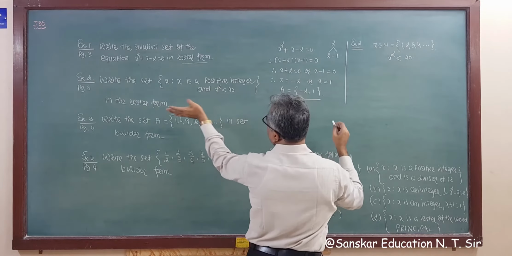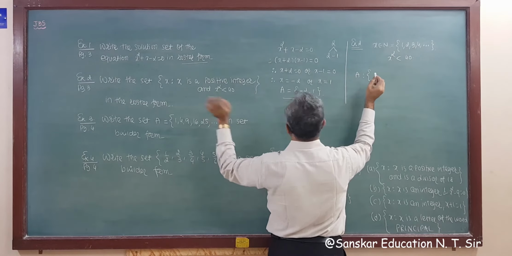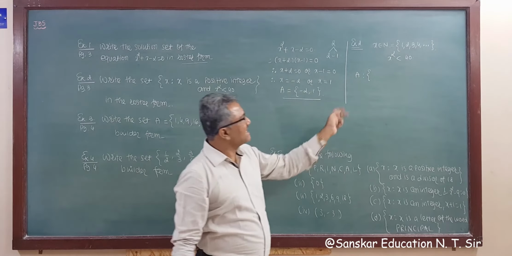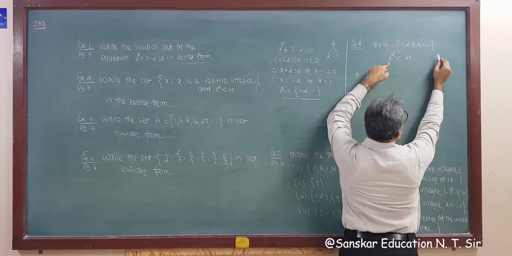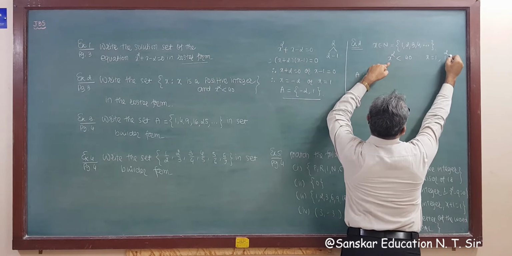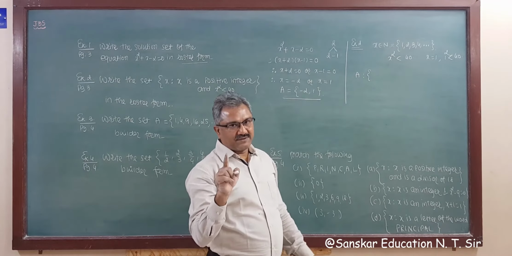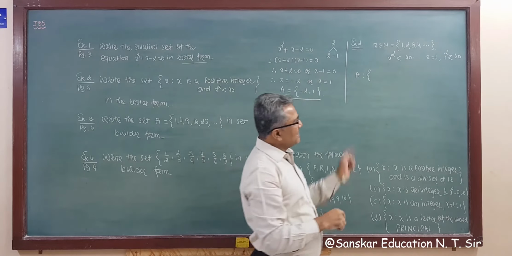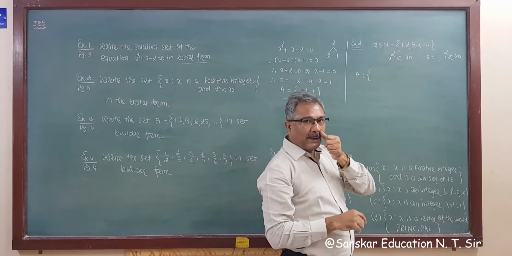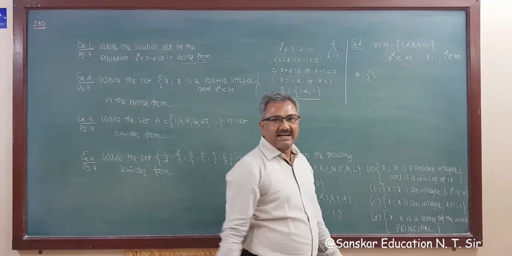So if we call this set A, then if we take x is equal to 1, then 1 square is 1, which is less than 40. Is it possible? Yes, so 1 is included in the set.